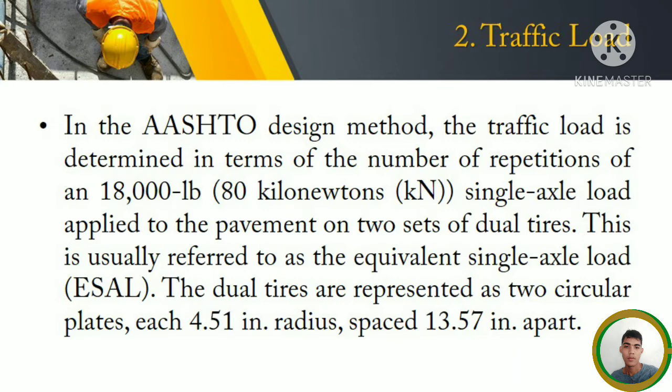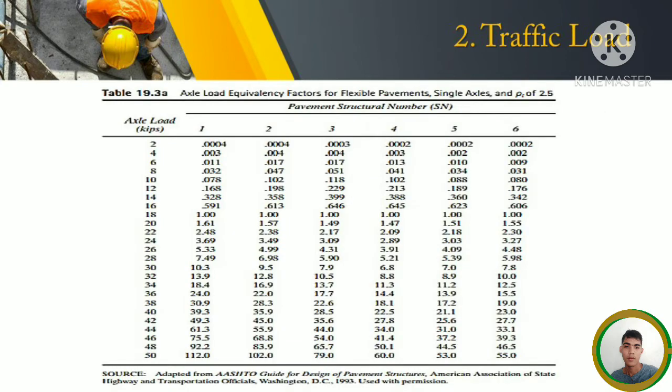The dual tires are represented as two circular plates, each 4.51 inches in radius, spaced 3.57 inches apart. So later on, we're going to have calculations about the ESAL. Now, we have here a table.